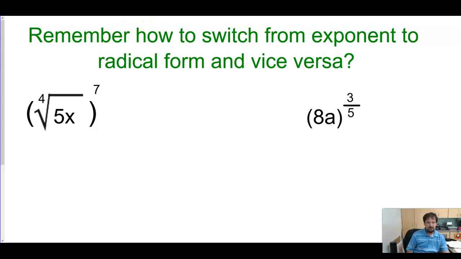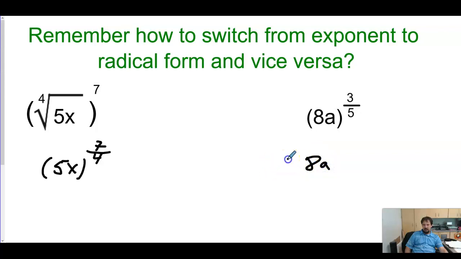So we bring my 5x down, put it in parentheses. Remember, the fourth root is the denominator of my exponent, and the 7 stays on top as my numerator. So the fourth root of 5x to the 7th power is the same thing as 5x to the power of 7/4.